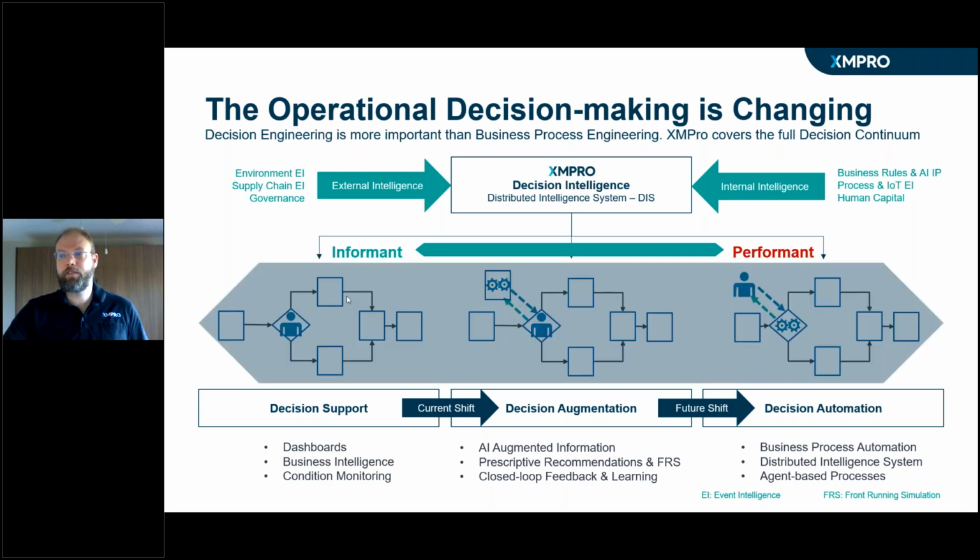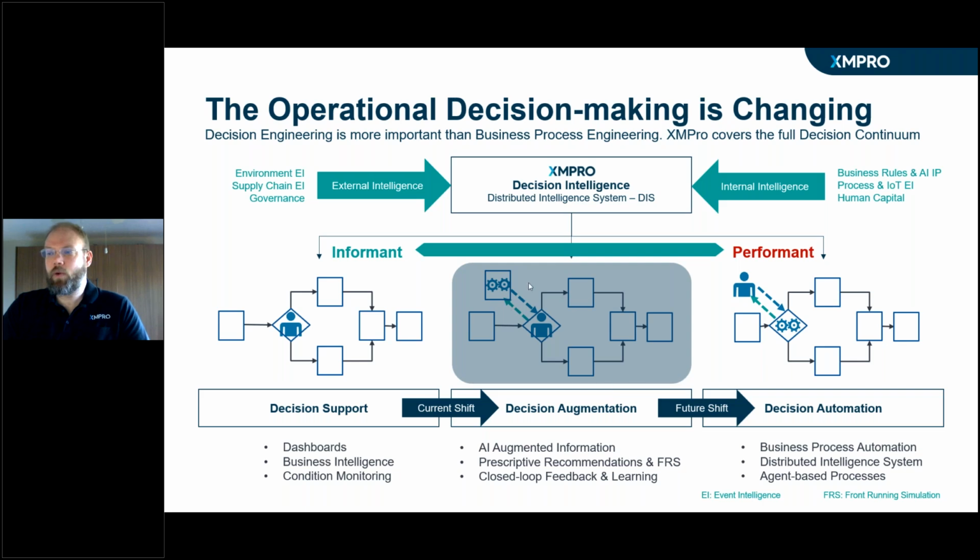From an XMPro perspective, we cover the spectrum of all three, from decision support to augmentation all the way to decision automation. What we're going to focus on today is just the decision augmentation piece, the piece in the middle over here, and how we start bringing some of this AI capability, more specifically the AI advisor pieces, into this as well.